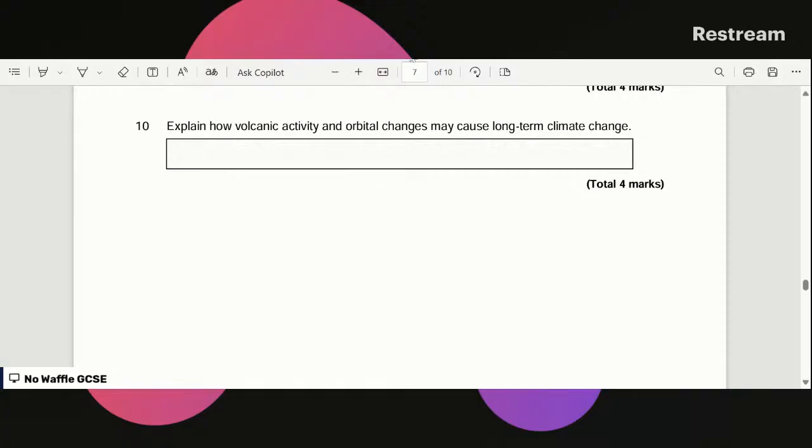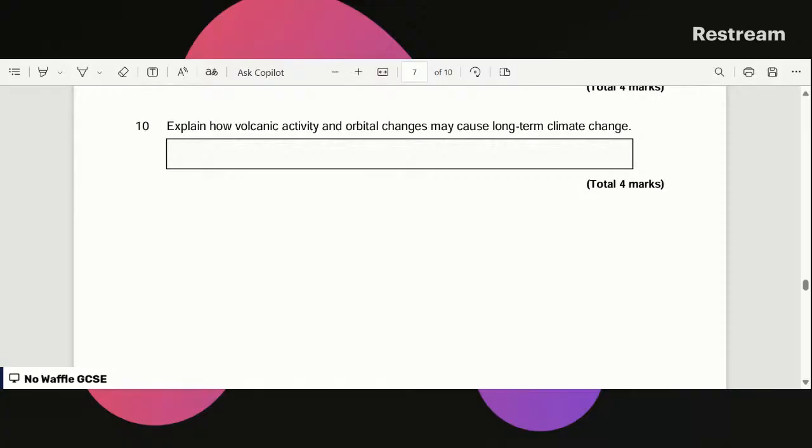Understanding that volcanic activity releases plumes of smoke, and that can lead to global cooling because it's covering the Earth's atmosphere, so solar radiation cannot get through, so it means that the temperature of the Earth is a lot cooler. On the other hand, volcanic activity releases a lot of greenhouse gases, which will only contribute to global warming. So it has 2 very different effects.